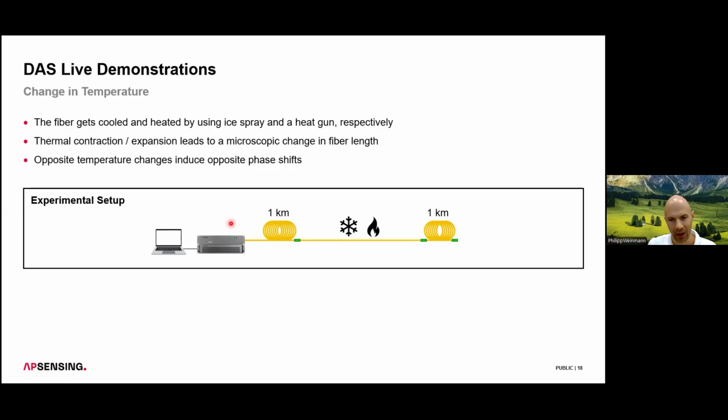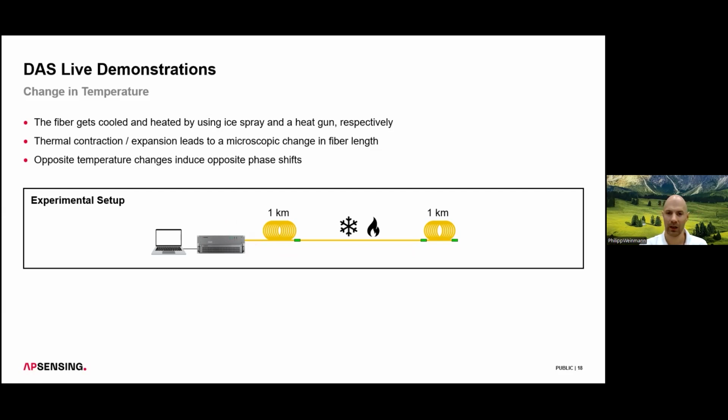This time, I'm not using an acoustic energy waterfall diagram like yesterday, but we are looking now at a phase waterfall diagram. So we are looking at how the phase of the backscatter signal of the glass fiber is changing over time when I'm applying the ice spray and the heat gun.